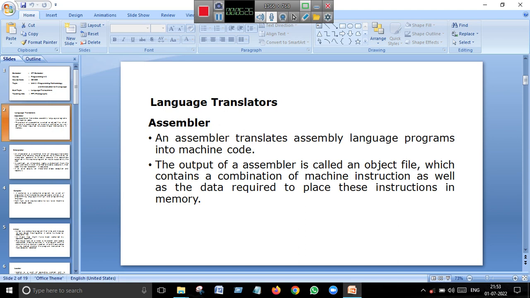So now the languages which are in the market all come under high level programming languages. The advantage of high level languages is that they are similar to the English language.